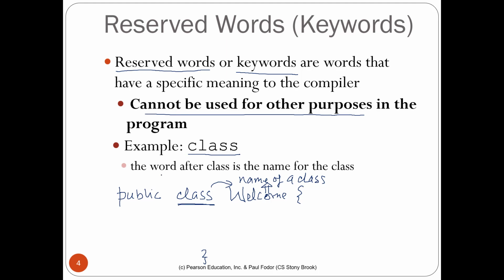Public class welcome: public is also another keyword, and we'll look at this keyword in the next slide. In fact, I can give you a hint that we have different categories of keywords. This public is called an access modifier. It is a keyword which belongs to the category of access modifier.